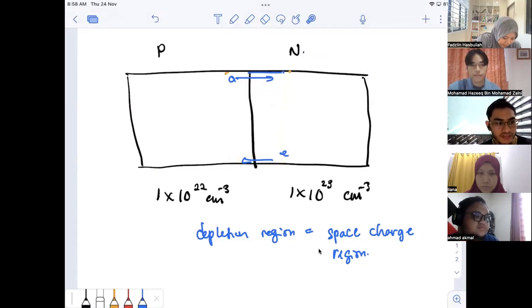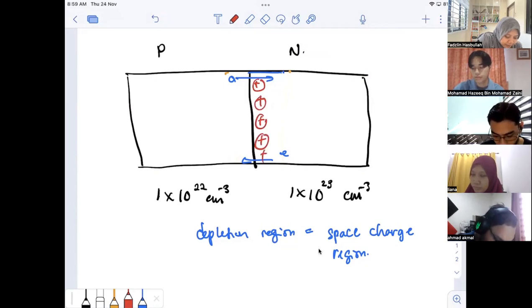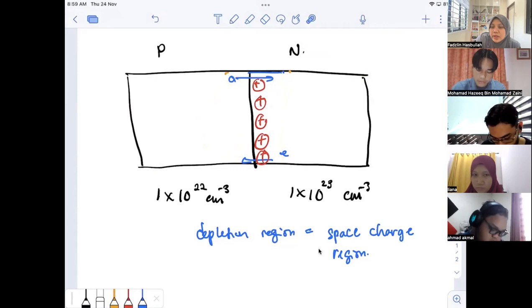Positive charge. So it is left with positive charge. 1, 2, 3, 4. Okay. So on this side, if the hole goes over here, it loses a hole. So an atom that loses a hole becomes negatively charged.